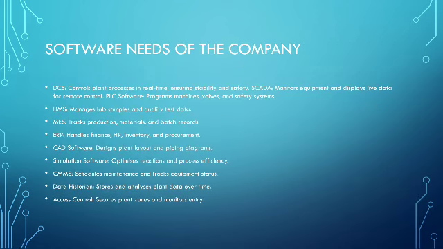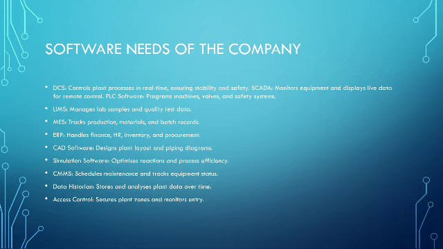A paracetamol company requires various software solutions to manage its operations effectively. These include DCS for controlling plant processes in real time. LIMS, which manages lab samples and quality test data. MES, which tracks production, materials and batch records. ERP, which handles finance.